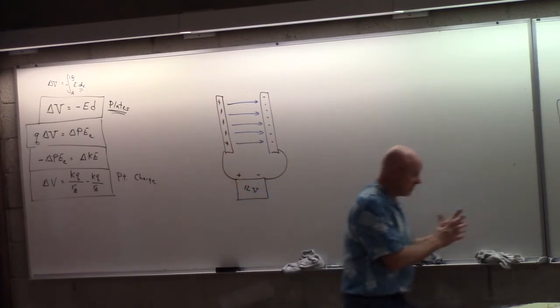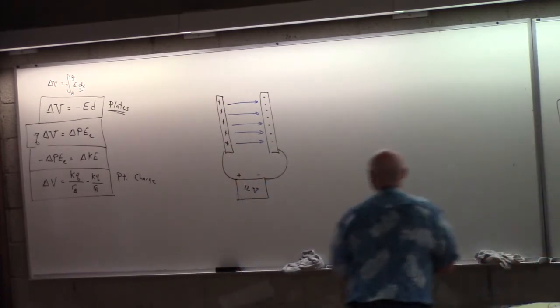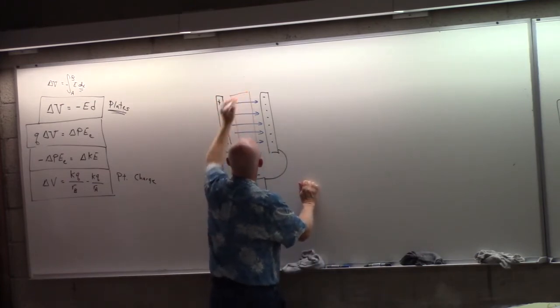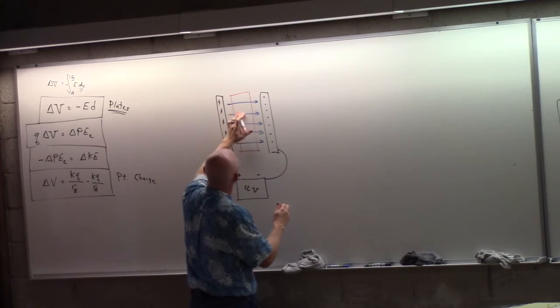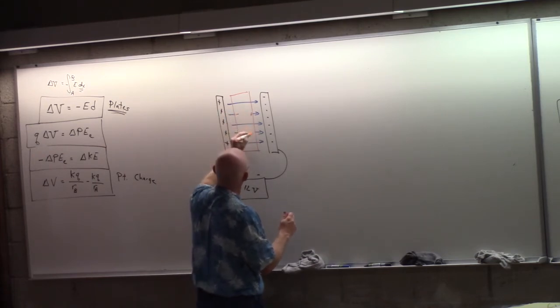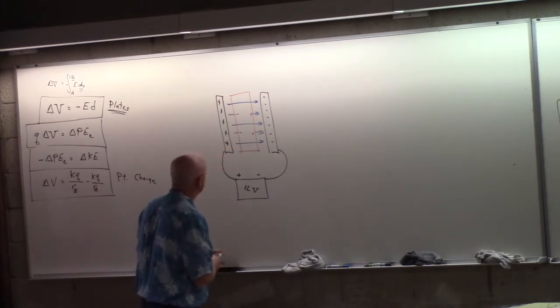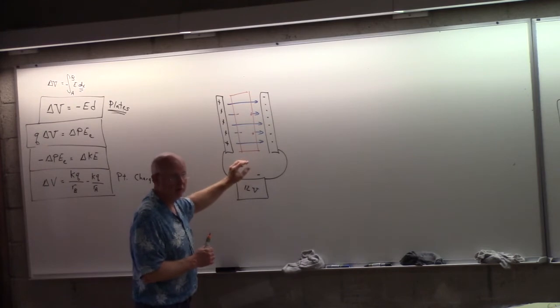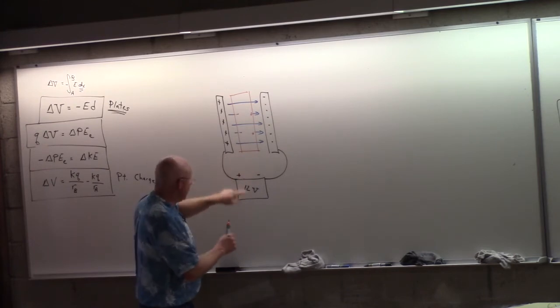Then if you put some material in between, it's going to get polarized and terminate some field lines, and I'll just get rid of two of them, like that. That means the electric field here is not as strong as it used to be, but it needs to be 12 volts.